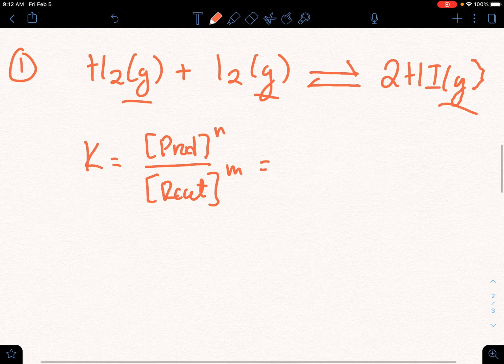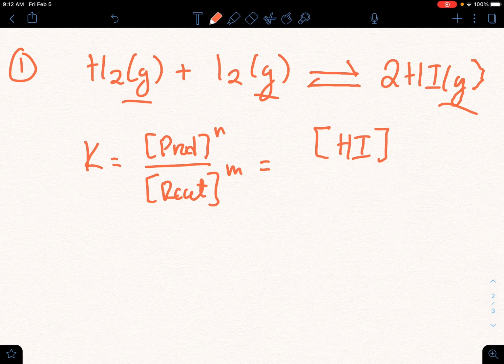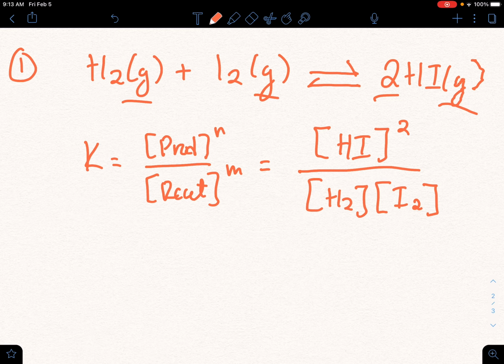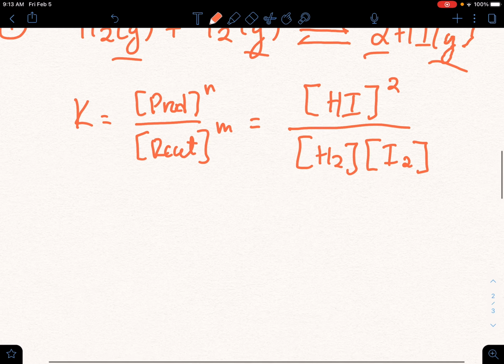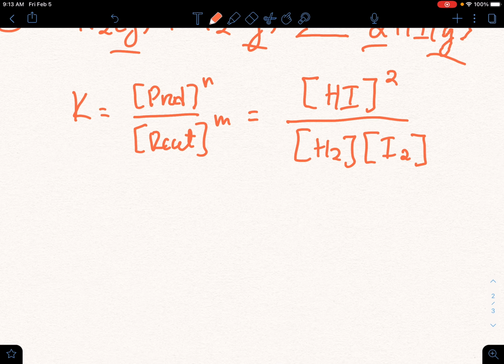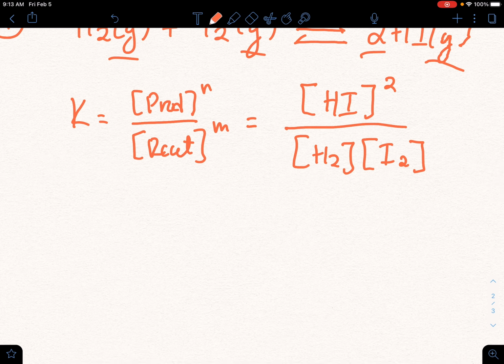Let's do products: HI raised to the second because it has a 2 coefficient. And we'll do H2 gas at the bottom, raised to the first, and I2 gas raised to the first. So that's how you write your K equation. But let's say I give you concentrations for all of them, so you can put in your concentrations for all of them. HI has a concentration of, let me write this differently.